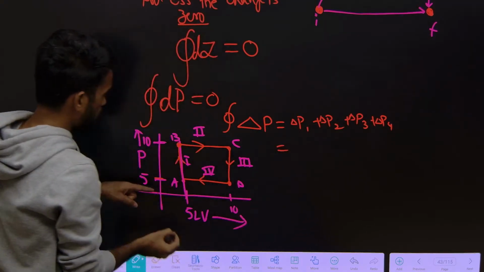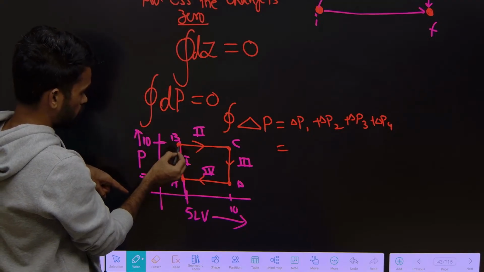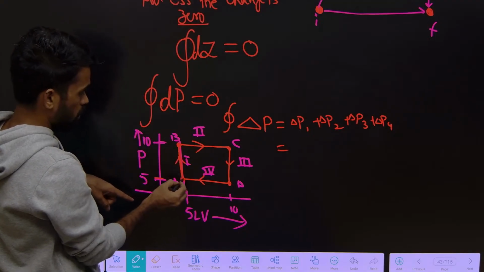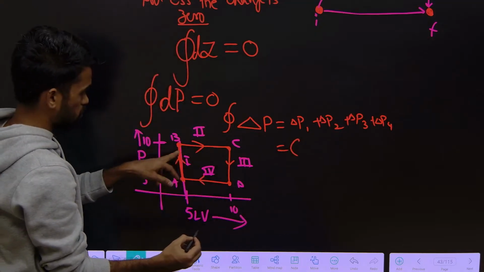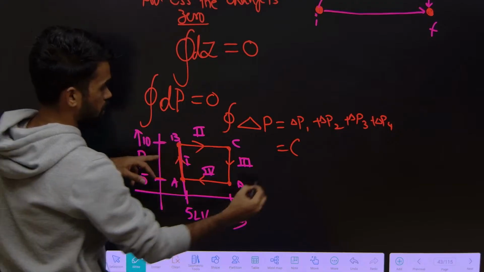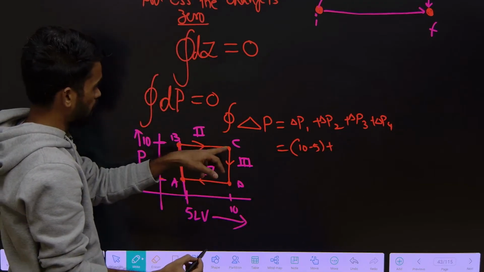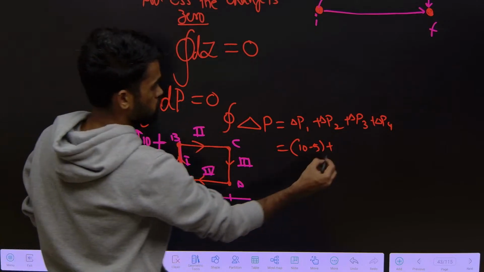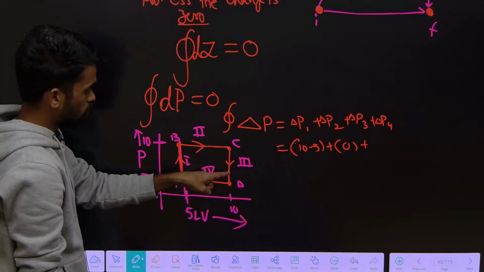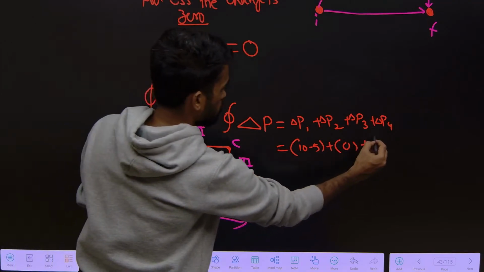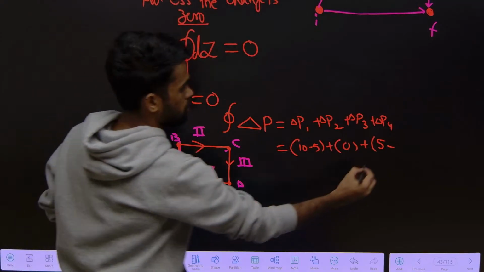From process 1, final is 10 and initial is 5, so plus 5. In the second process, final is 10 and initial is also 10, so 10 minus 10 is 0. In P3, final is 5 but initial pressure is 10, so minus 5.